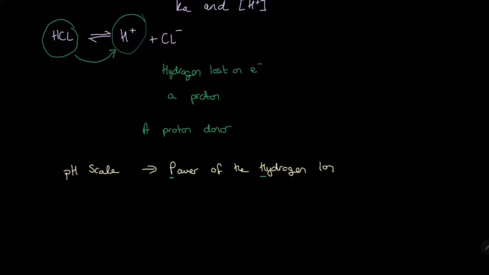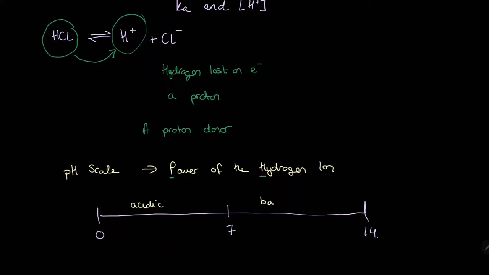From Junior Cert and Leaving Cert studies, you should know that the scale goes from 0 to 14, and in the middle we have 7. Anything below 7 is considered acidic, anything above it is considered basic. Okay, and that is our pH scale.